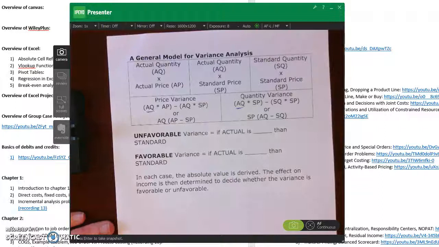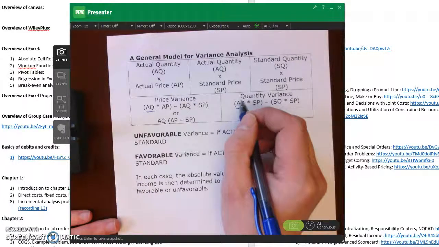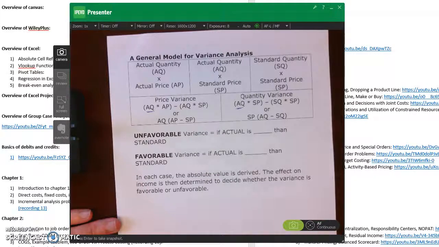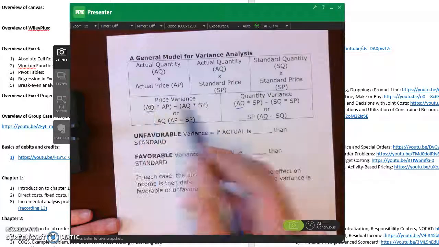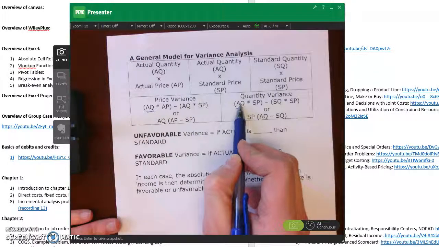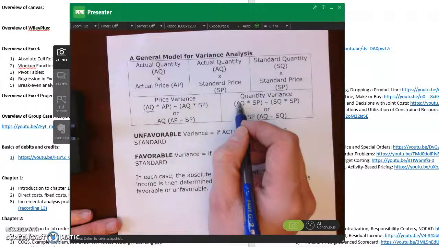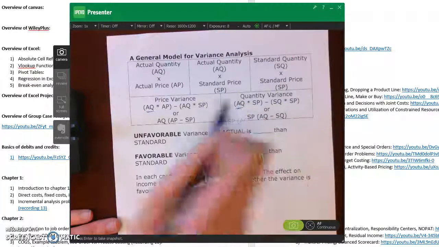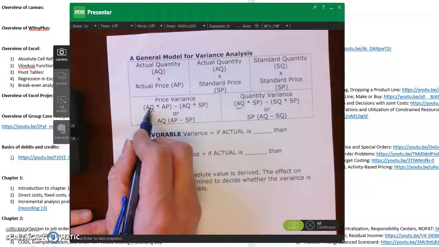Those could be two different numbers, right? You could purchase $10,000 worth of direct materials, but only use $8,000. So let me change that to pounds: 10,000 pounds of direct materials, and you only use 8,000 pounds. This would be 8,000, how much you used. This would be 10,000, how much you purchased.